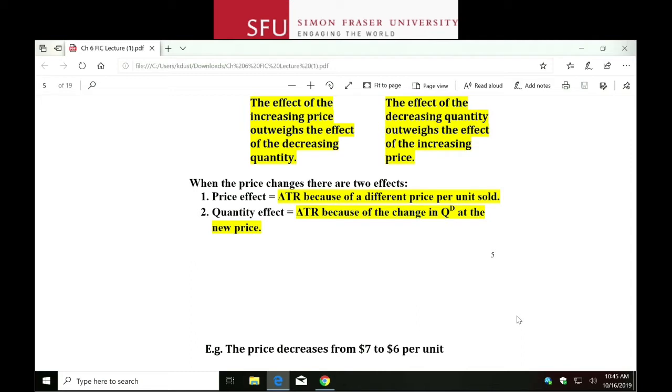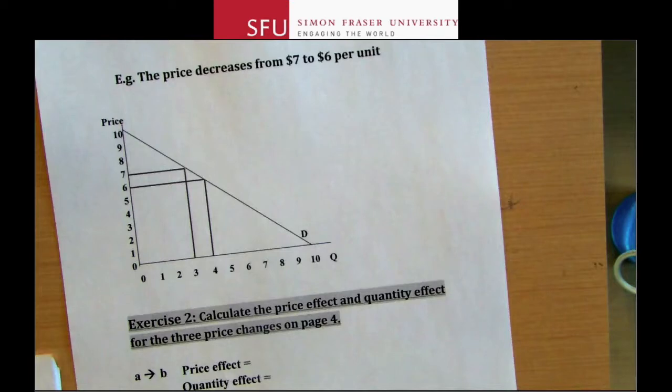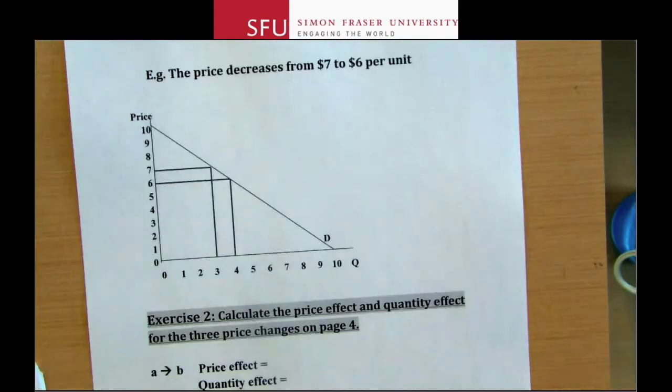Okay, so on the next page we'll do an example where we can illustrate these two effects on the diagram. The price decreases from $7 to $6 per unit.